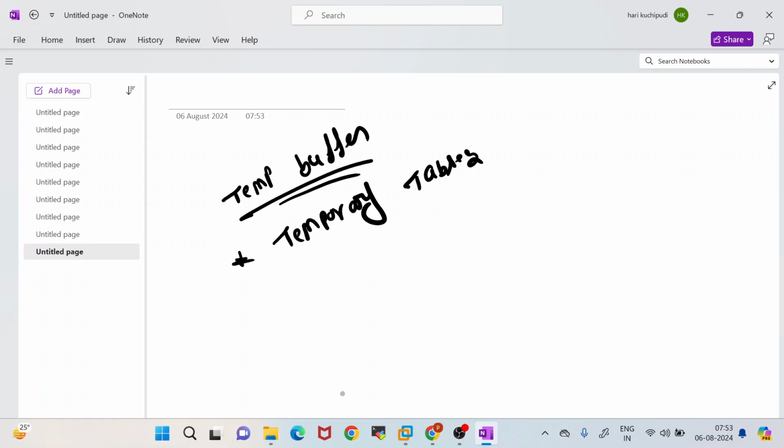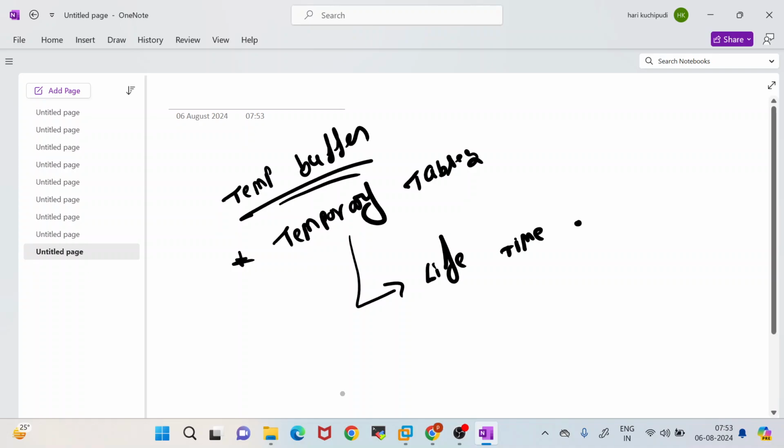As a DBA, we don't use the temporary tables. Temporary tables are created and used by the developers to store the intermediate operations. What is the lifetime of a temporary table?